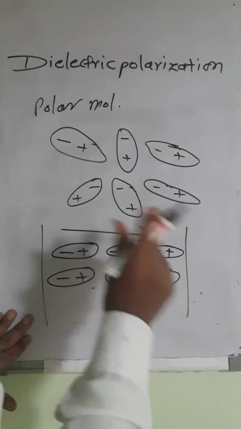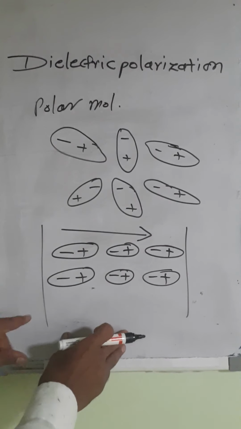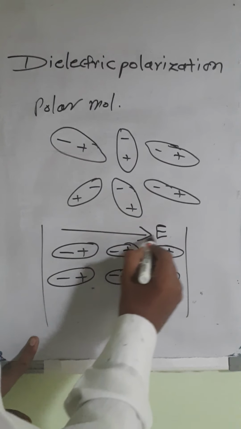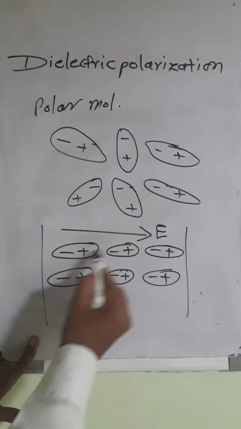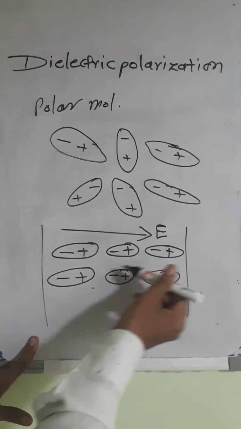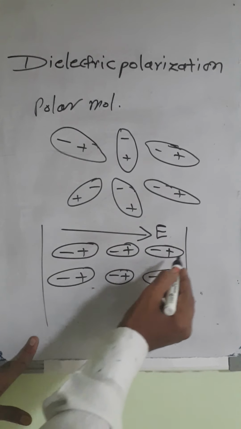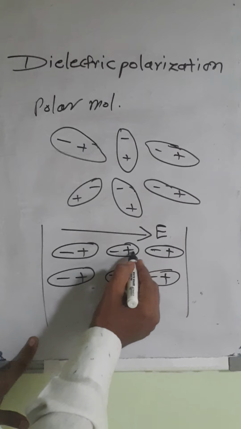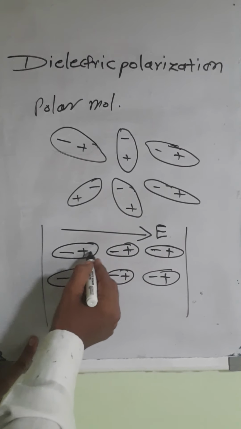Suppose this is a capacitor. In this way, what happens? This is the direction of the applied electric field, and all the molecules are aligned in the proper directions. Then positive to negative, then again negative, positive, negative, positive.